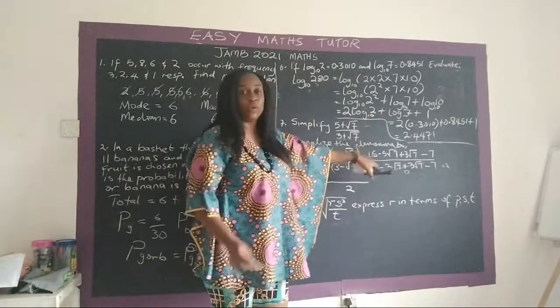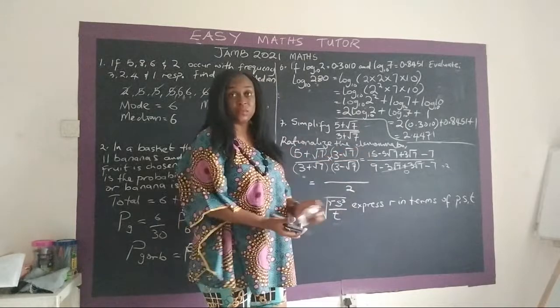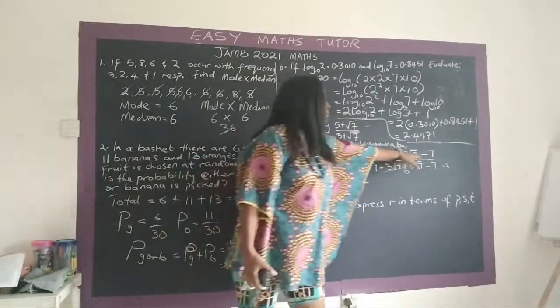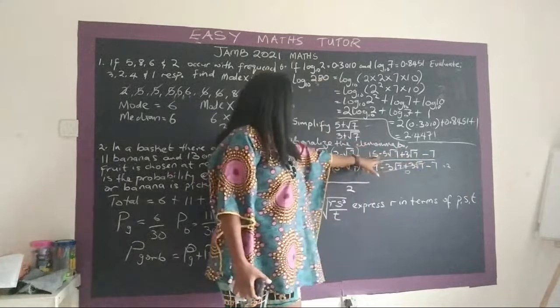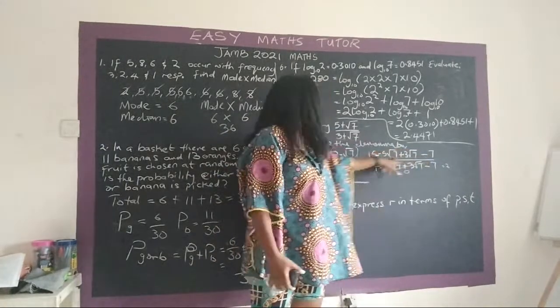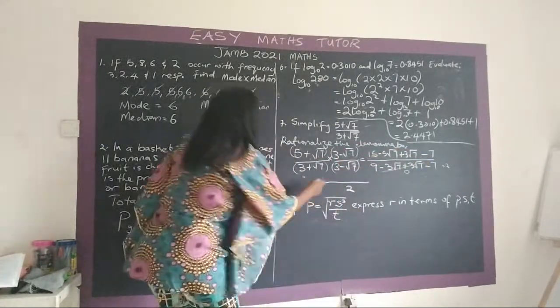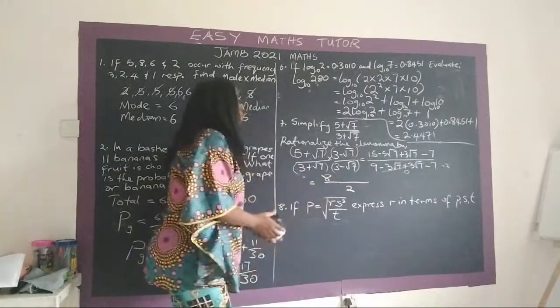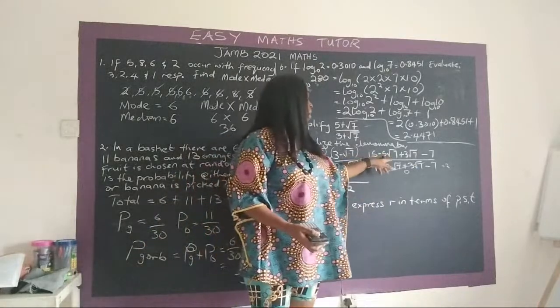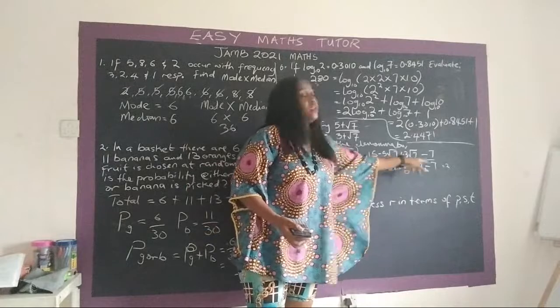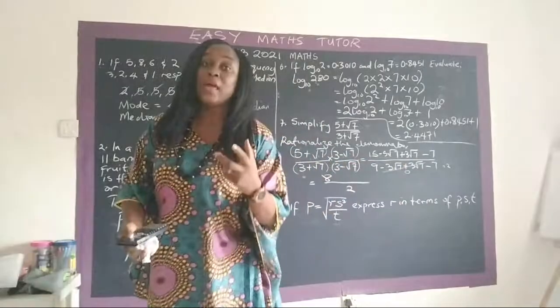Now, the numerator, if we collect like terms, we have 15 and 7 minus 7. 15 minus 7 is a like term, so 15 minus 7 will give us 8. And then we have minus 5 root 7 plus 3 root 7, which is also a like term.